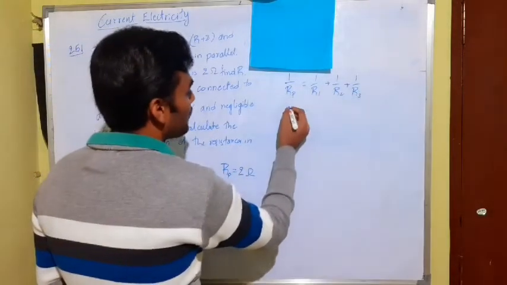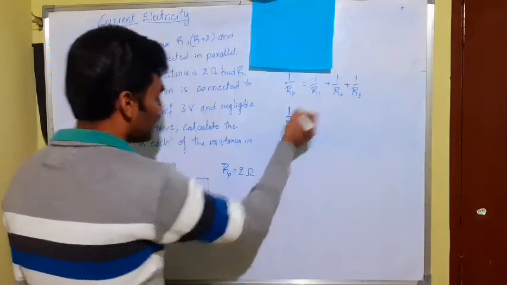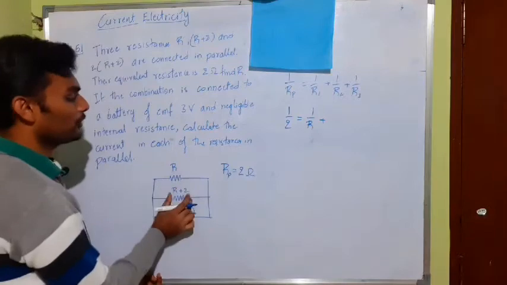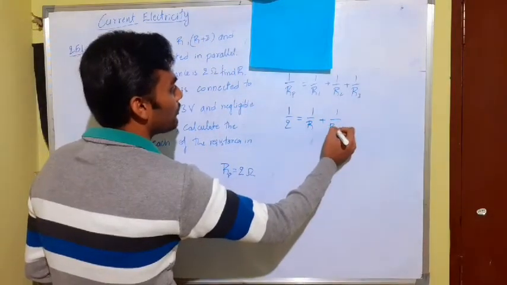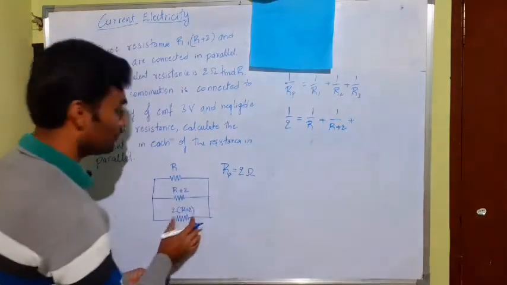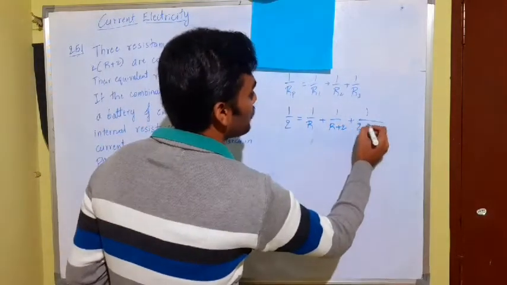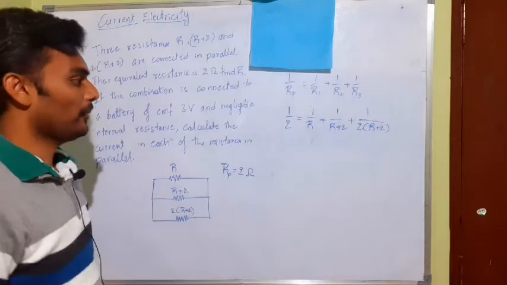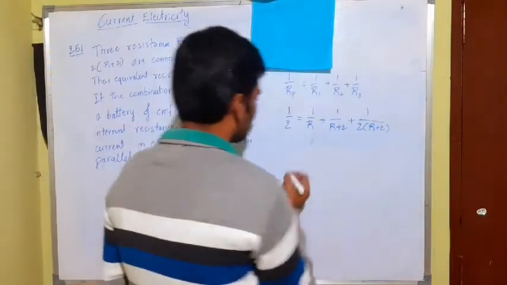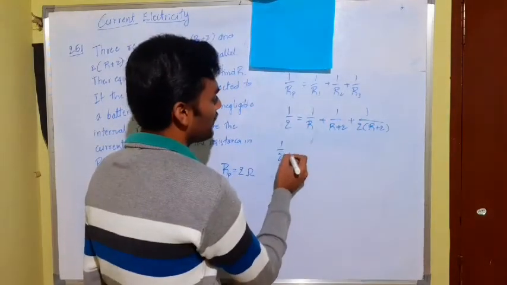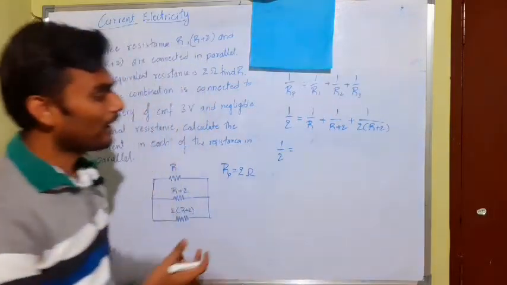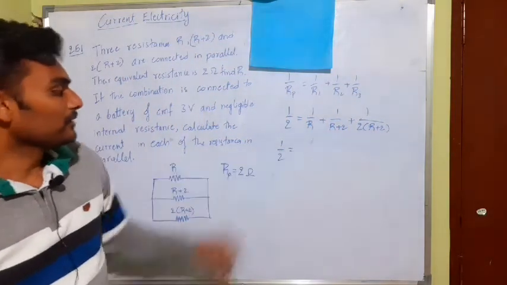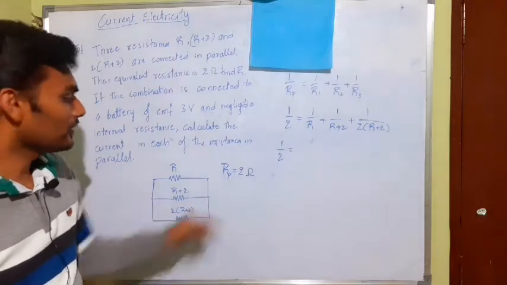So 1 by Rp is 1 by 2 is equal to 1 by R, plus 1 by R plus 2, plus 1 by 2 of R plus 2. Clear? Now let's take the LCM. So it's 1 by 2. See, it's more math from this step. It will take the quadratic equation form, and we should solve it.